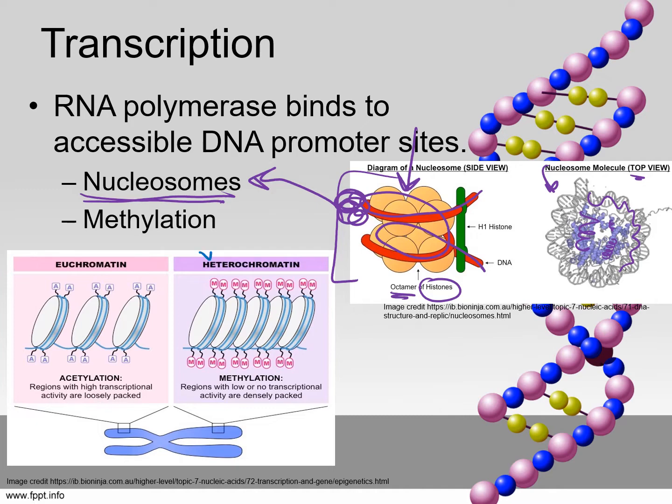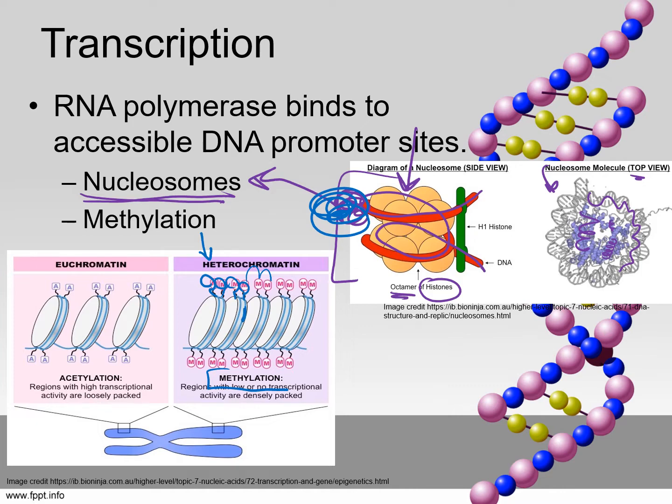So this heterochromatin forms when we have methyl groups that we add to the nucleosomes. So these methyl groups, they really like each other. And so they will pull the molecules of nucleosomes closer to each other.